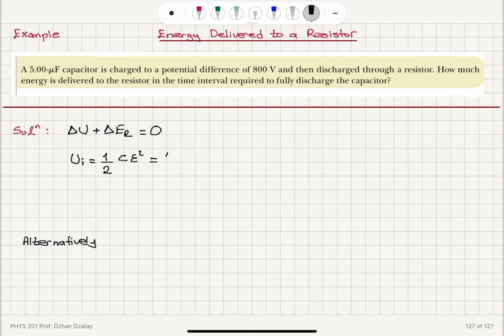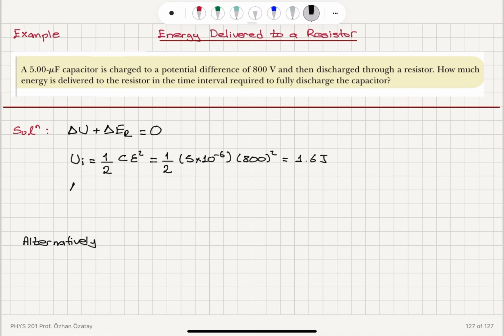So we have 1/2 times the capacitance, 5 microfarads, 5 times 10 to the minus 6 farads, times 800 volts squared, which gives us 1.6 joules.